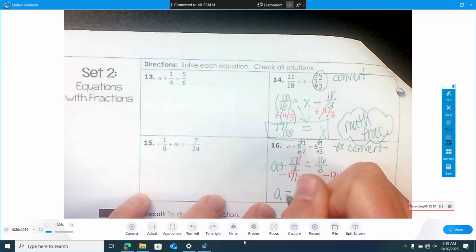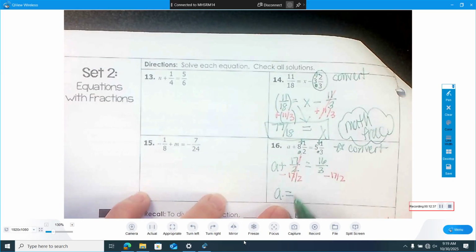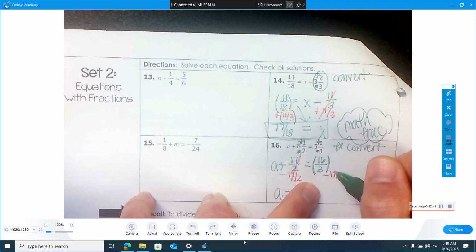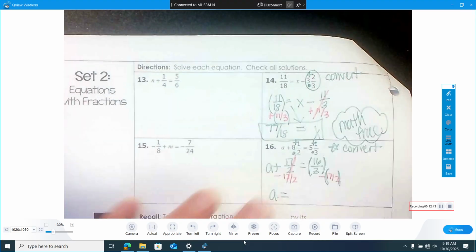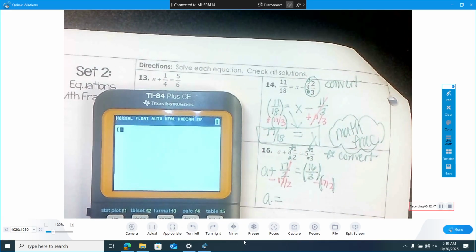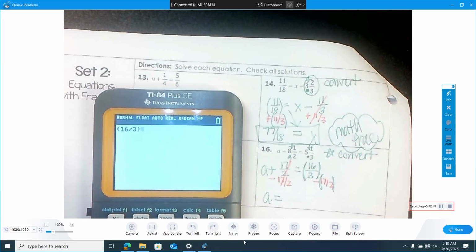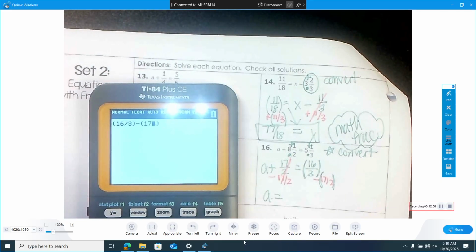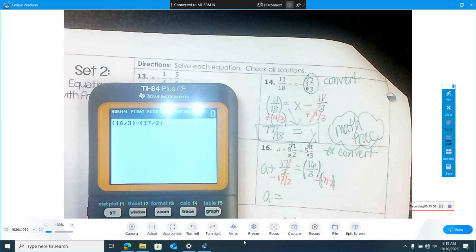And so we get A by itself on one side of the equal sign, and in my calculator, again, let's use parentheses around those fractions so that our calculator knows what we're really thinking. 16/3 inside parentheses, and then we're going to subtract 17/2. Whoops, I missed a 1 there. Make sure you're typing these things in correctly so your calculator does it right.